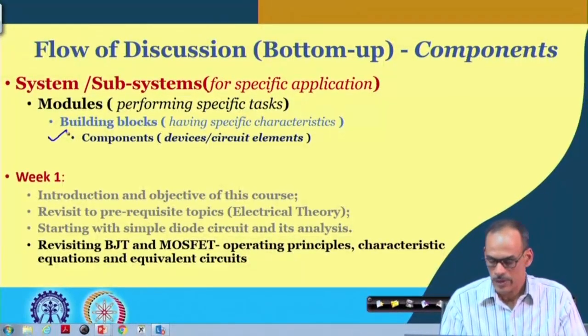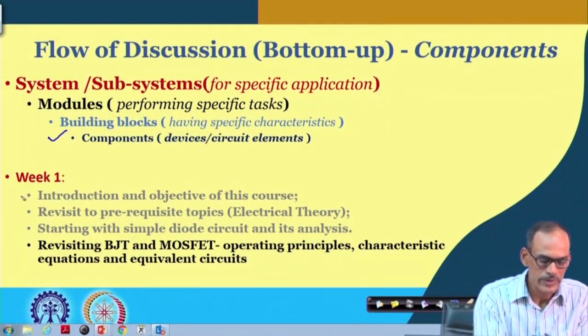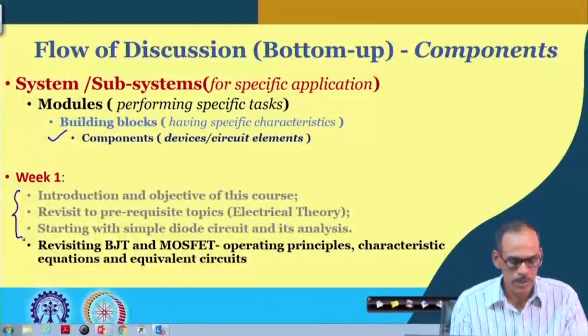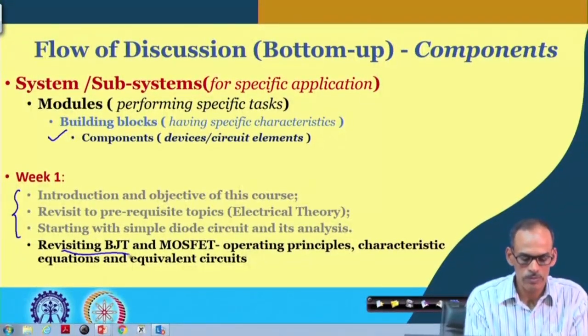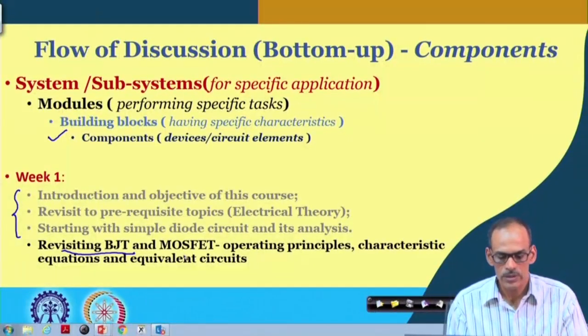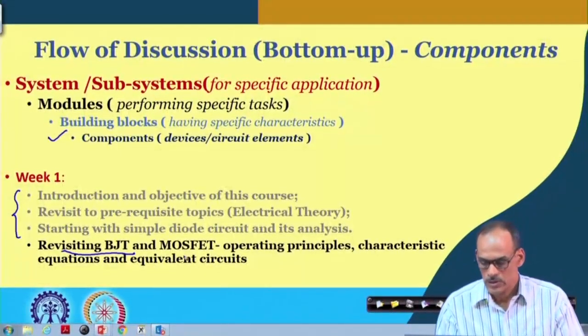So far we have already discussed the first three items planned for week 1, and today we are going to BJT. MOS characteristic we will see in the next class. So this is the overall plan today, and it is well synchronized with our weekly plan.